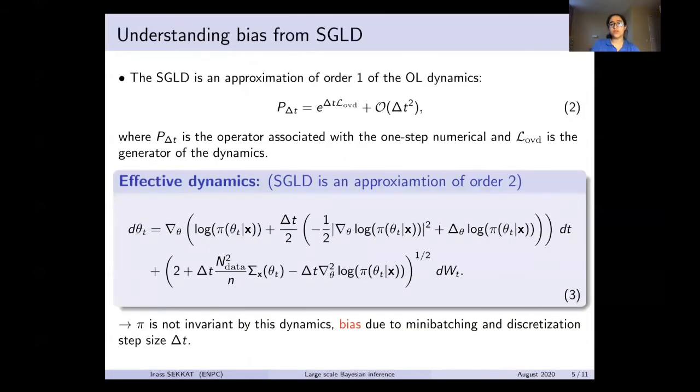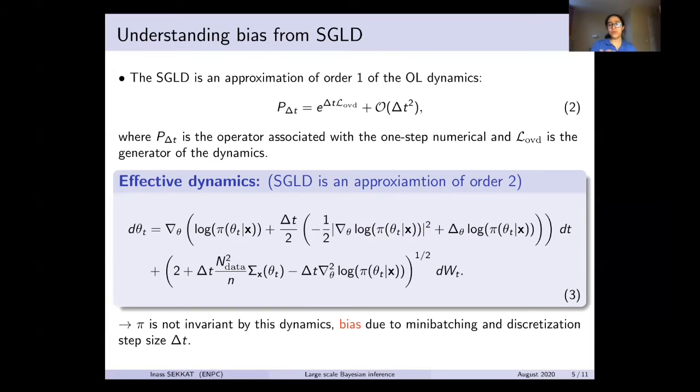So one way to understand the bias due to mini-batching in SGLD is to look more carefully at the error analysis of SGLD. One can show that the SGLD is an approximation of order 1 of the Overdamped-Langevin dynamics.